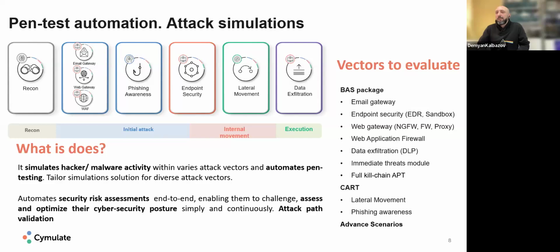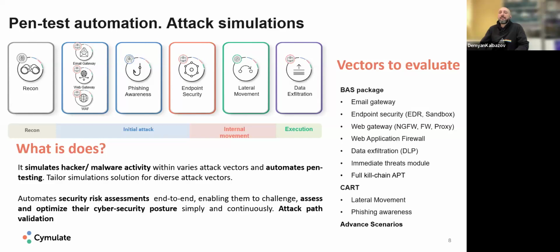It checks if the correlation rules are working, if monitoring systems are able to detect and generate cybersecurity incidents, and it includes phishing assessment, testing employees: are they aware how to work with phishing? Are they able to recognize and handle phishing attacks?